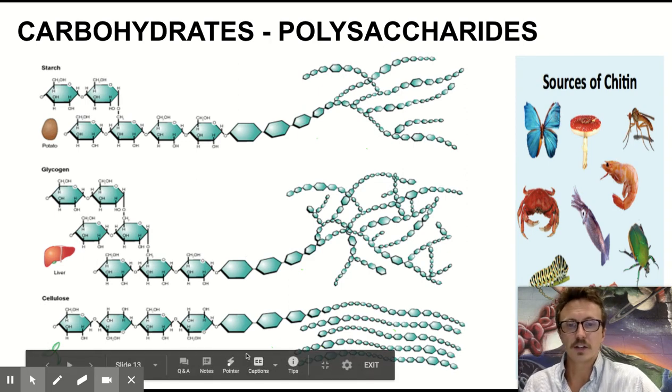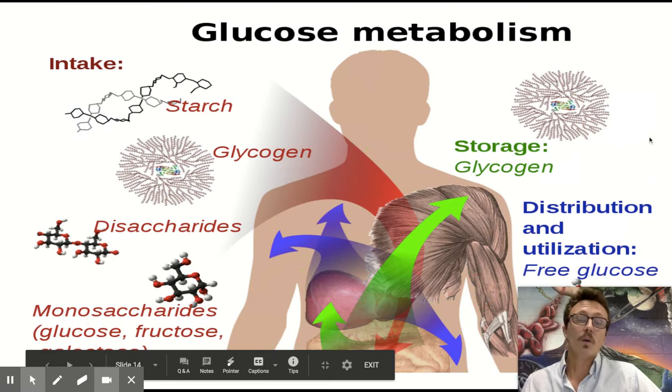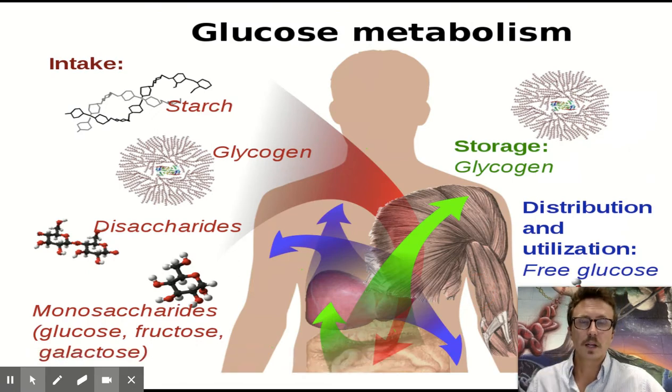Now, one thing I do want to talk about, because why are we talking about biomolecules and why do we need to know about carbohydrates? Well, carbohydrate metabolism or glucose metabolism for people is a very important thing to understand because, believe it or not, diabetes is one of the more common, prevalent genetic disorders and metabolic disorders.